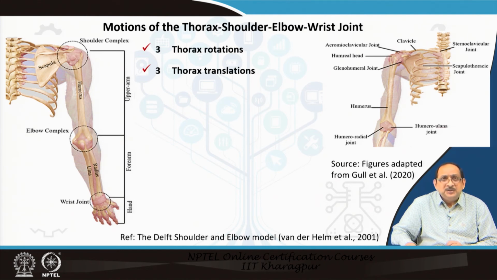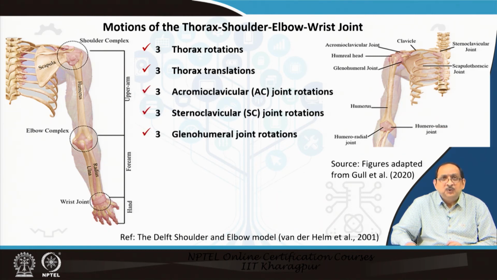There are 3 rotations and 3 translations of the thorax. In the shoulder joint, 3 rotations each of acromioclavicular, sternoclavicular and glenohumeral joints. They are all spherical joints.